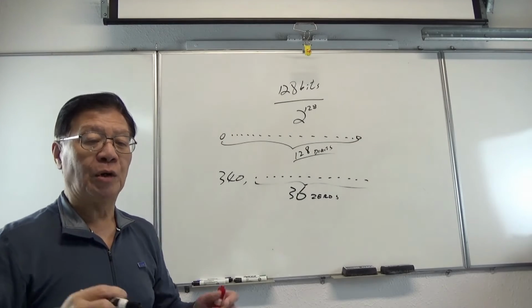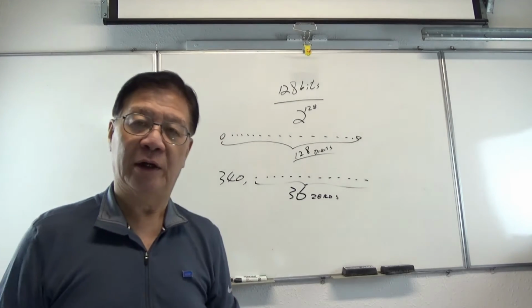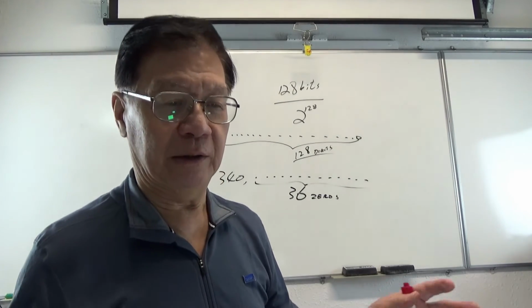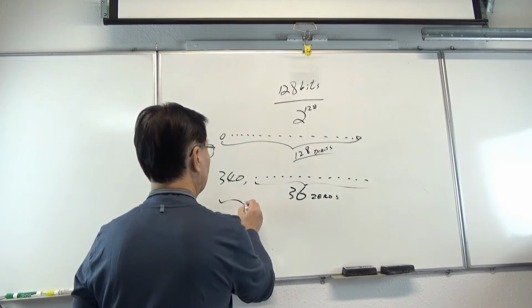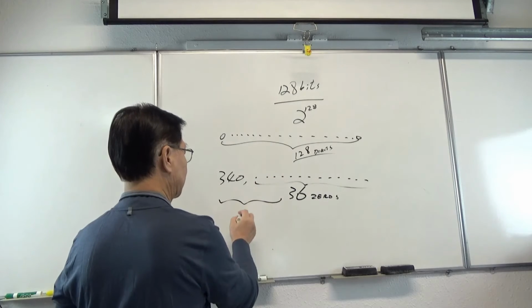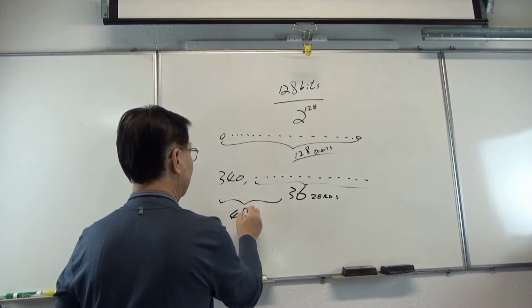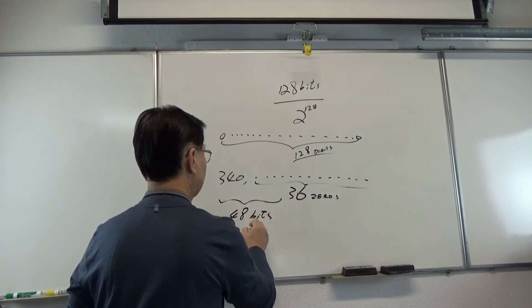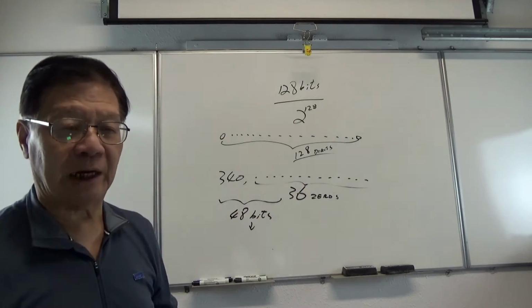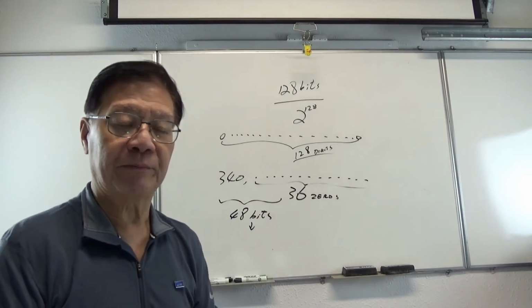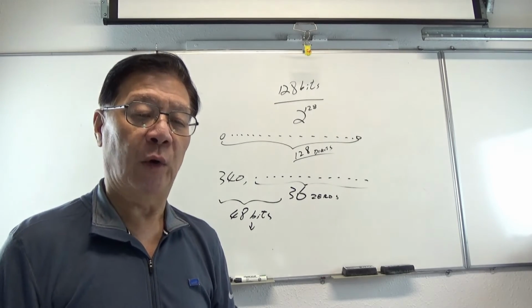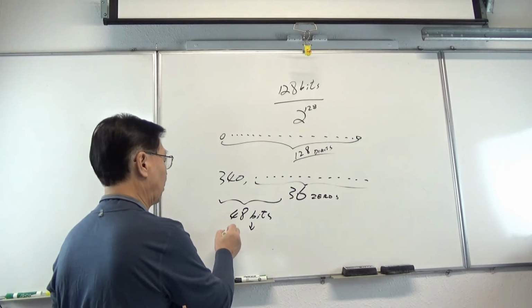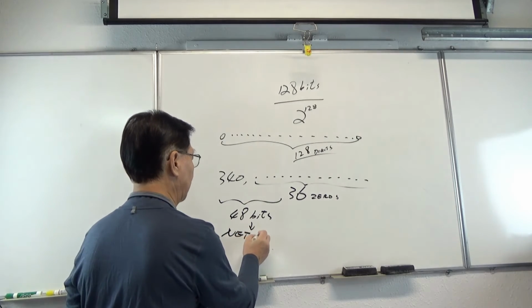So let's take a look at the first 48 bits. That's assigned to the network. We call this the network part. How many networks are available?